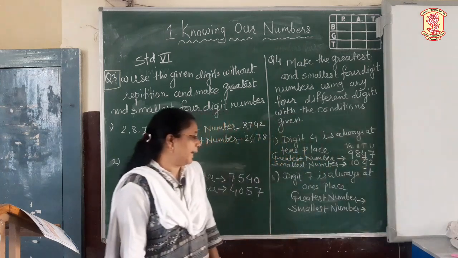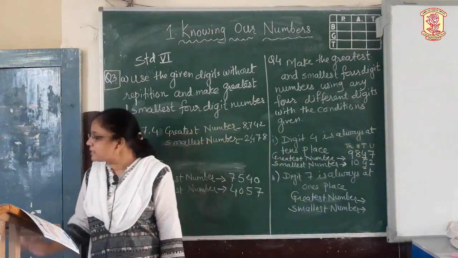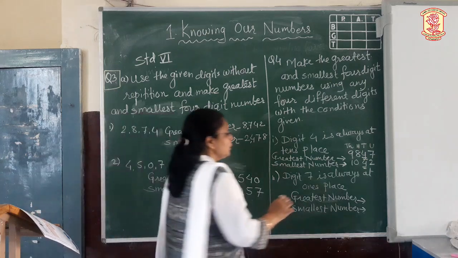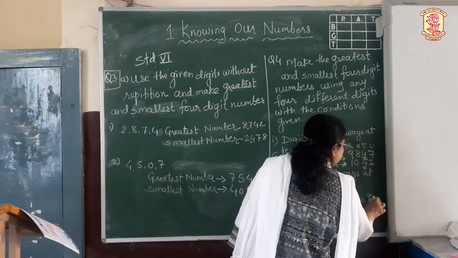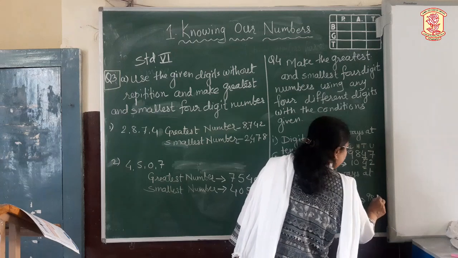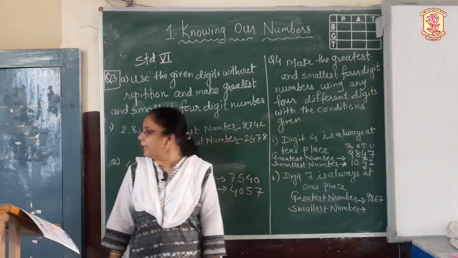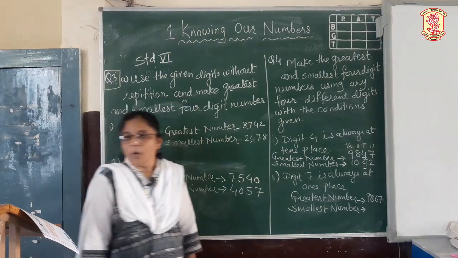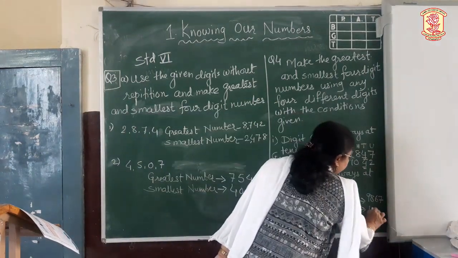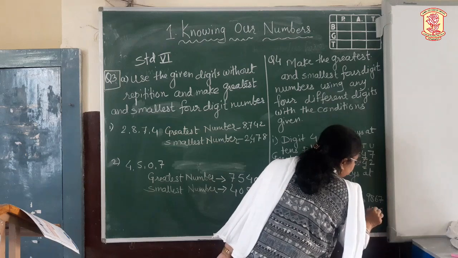Our condition is that digit 7 is at the unit place. So for the greatest number, any number you can write. So I write here 9867, and the smallest number I write here is 1027.